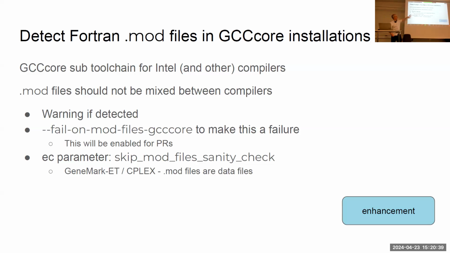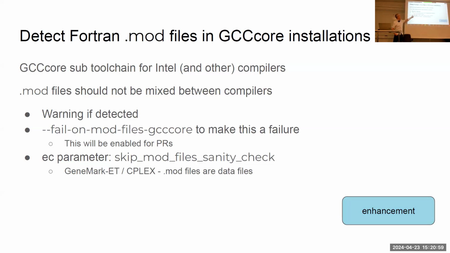But actually, what we're going to do in the central repository is, when we're using test bots, we will make that into a failure to make sure we don't have them there. And there have been a few PRs recently where I've either moved software out of GCC core or just pointed out to some other people, can they just move it because of this?